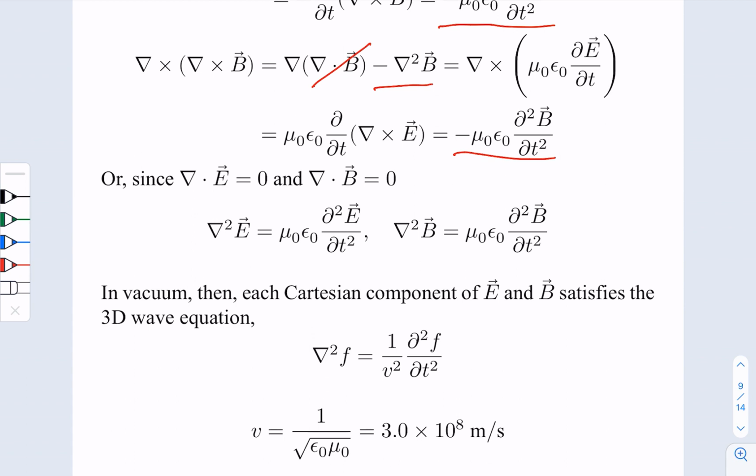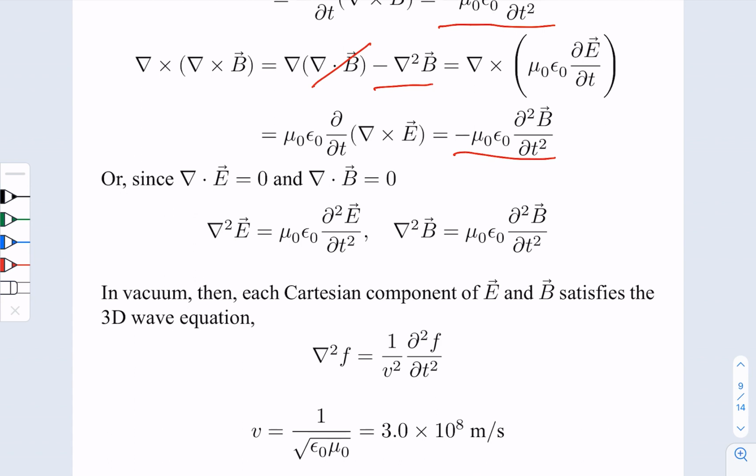The thing we want to notice, which is different from the previous one-dimensional wave, is that here E is a vector and B is also a vector, which means each component of E obeys the wave equation.